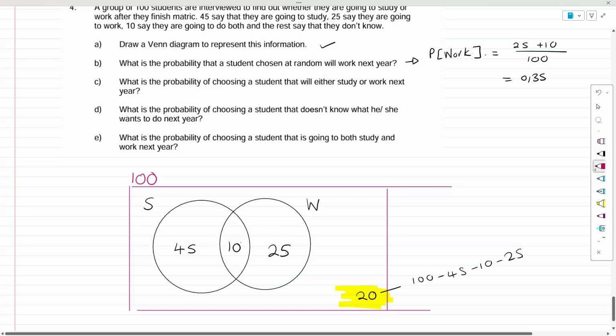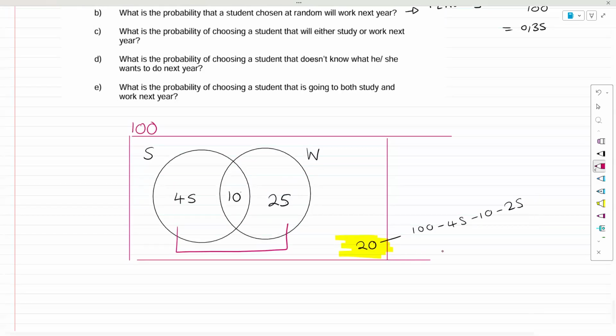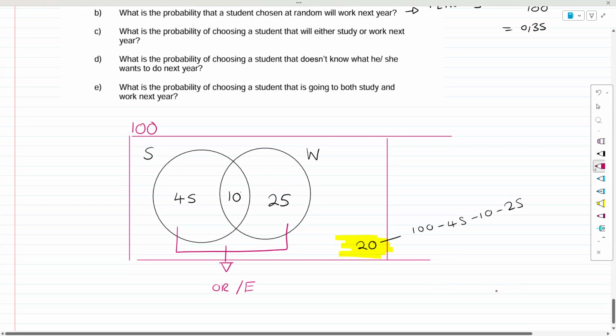Okay. What is the probability of choosing a student that will either study or work next year? So guys, when it comes to either or, it's everything. I want you to remember that it's everything. This is the or, the either. So when they start talking about either or, you need to understand this is either or.